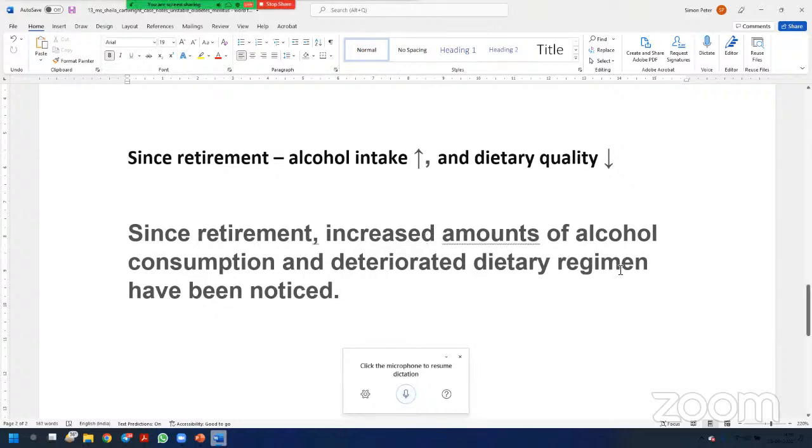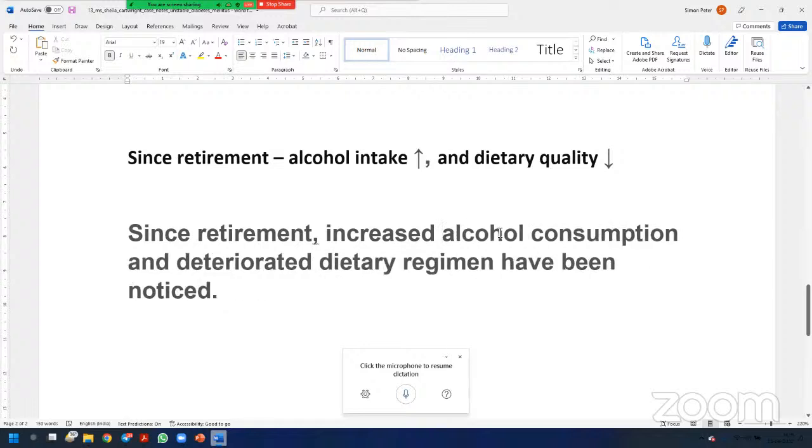So, since retirement, increased amounts of alcohol consumption and deteriorated dietary regimen have been noticed. Or you can say, increased alcohol consumption and a deteriorated dietary regimen have been noticed or observed or reported.